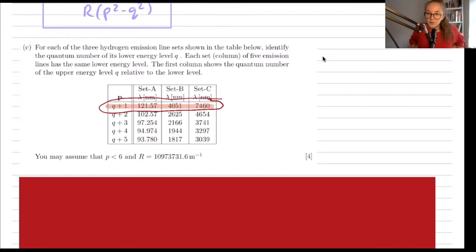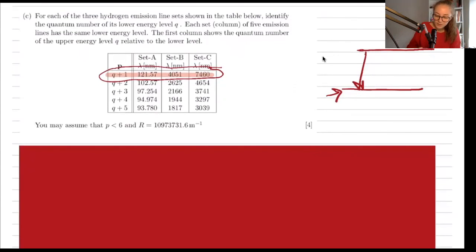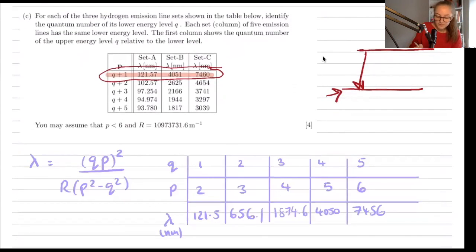So this first column is all that's useful because that's what tells us about the drop from this value here that we want to know from the one above that, essentially. So we can make our own little table here. We know that P is, well, I think this little thing that they told us here is a bit questionable, but we'll say it's less than or equal to 6.